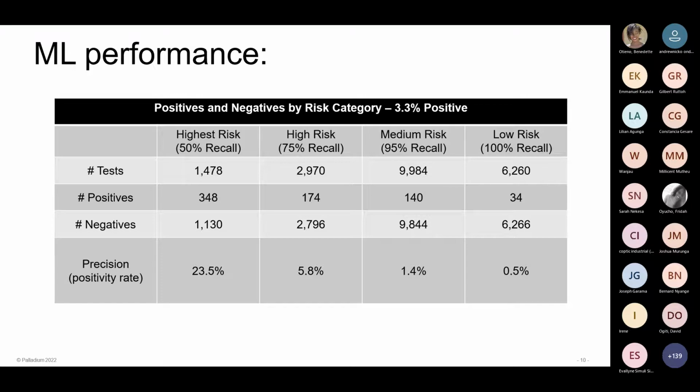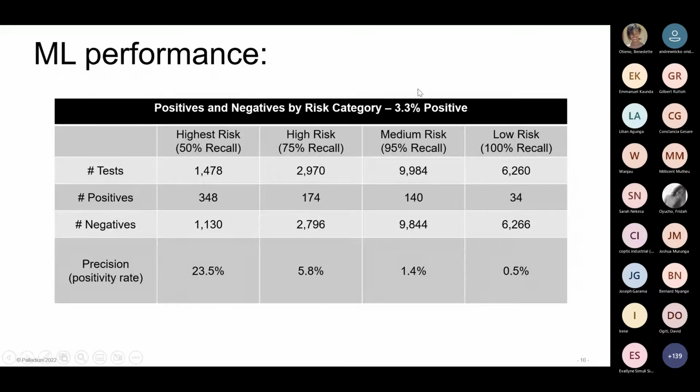On the sample that was used for these results, you can tell that our model classified 1478 clients as highest risk, all the way down to low risk of 6,260. And that recall factor simply indicates how well the model was able to bin or categorize, to place people in the correct category.